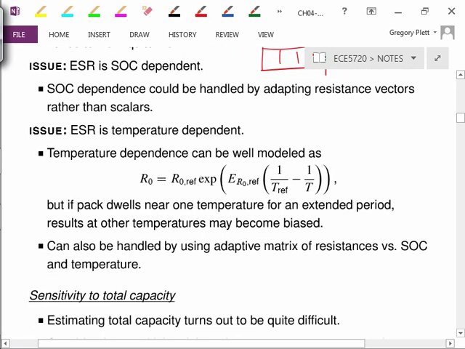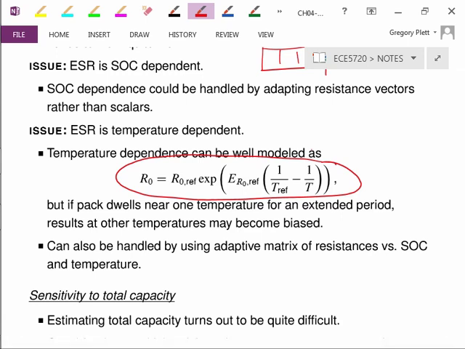Another consideration is that resistance is temperature dependent, and this Arrhenius equation that we saw last semester that we applied to physics-based quantities does a pretty reasonable job of modeling these cell-based quantities too, especially the resistance.